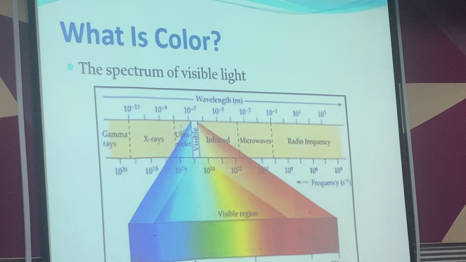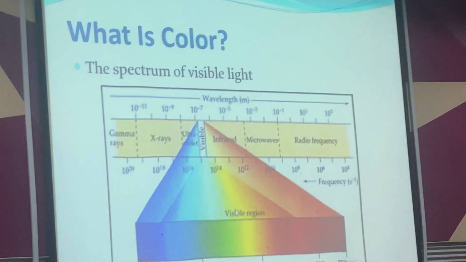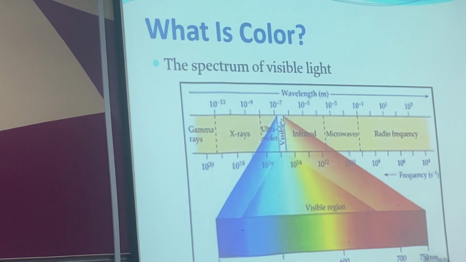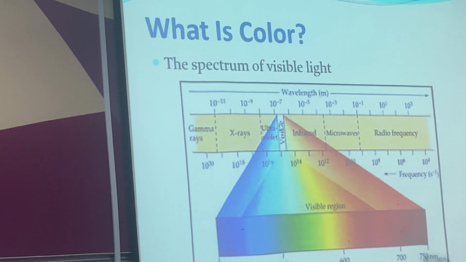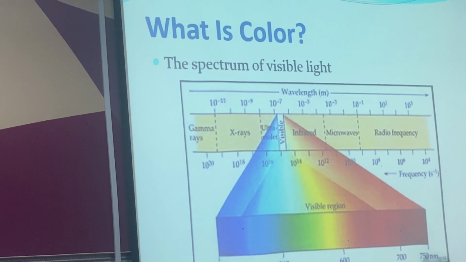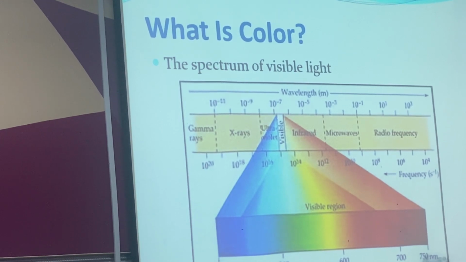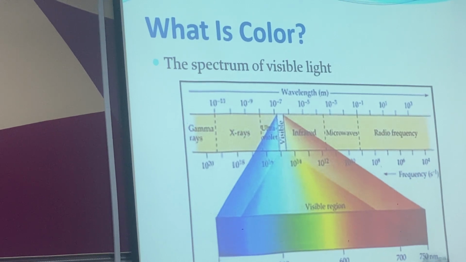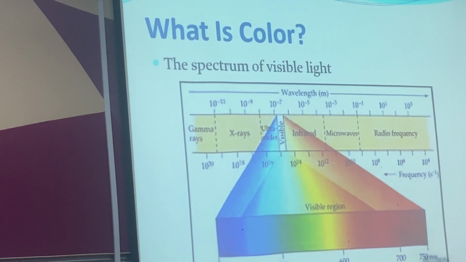These are not visible to the human eye. The human eye is only sensitive to this range of wavelengths, where you can see the colors of the spectrum. I think last time you did an experiment on this in your science class. That's why we have a rainbow. You know why we can see a rainbow in the sky? Because light strikes it, then you can see color.